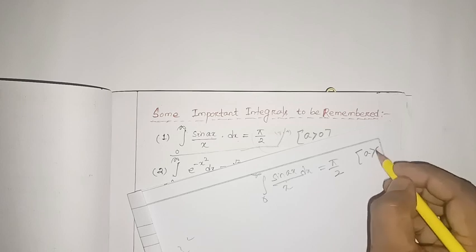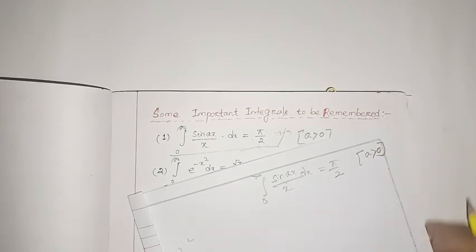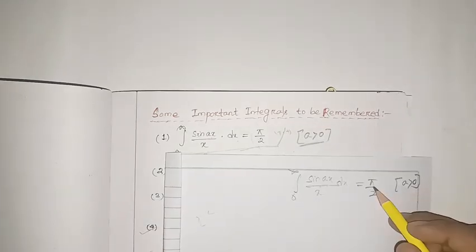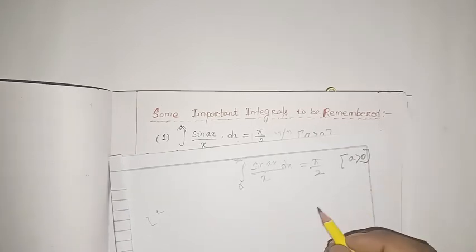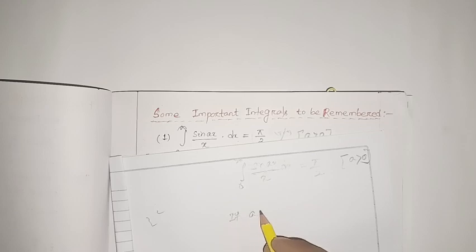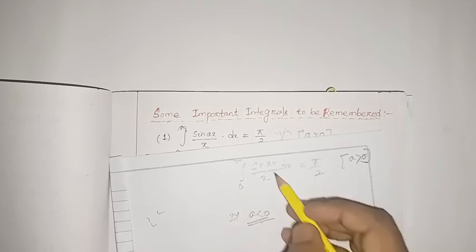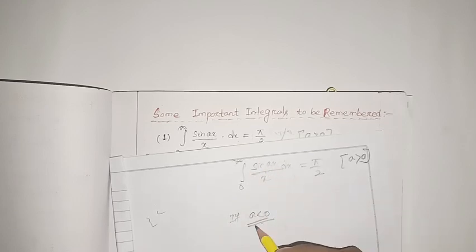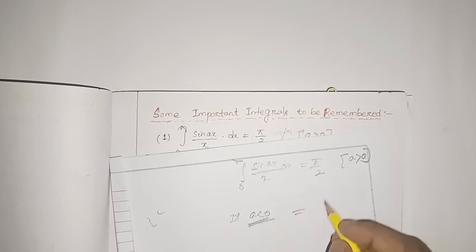The condition is that when a is greater than 0, that is when a is positive, this value is pi by 2. And if a is negative, suppose a is less than 0, a negative means sine is a negative function, so this value will be minus pi by 2.